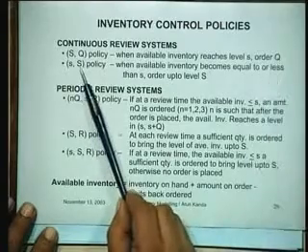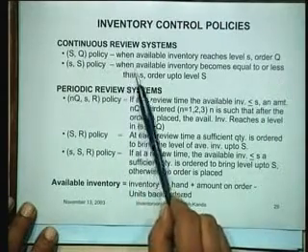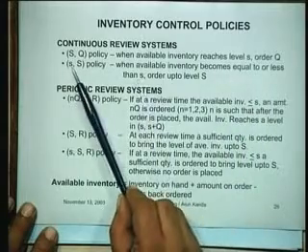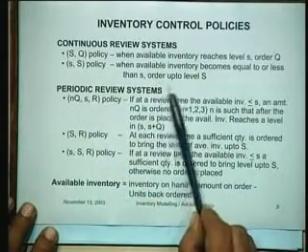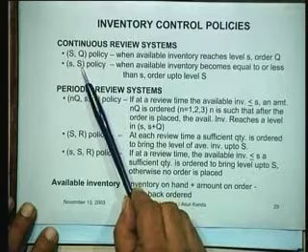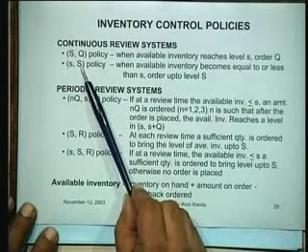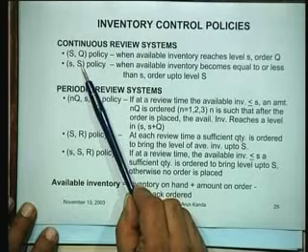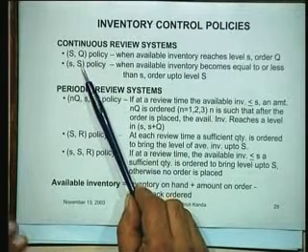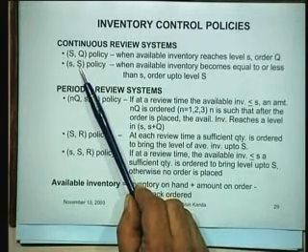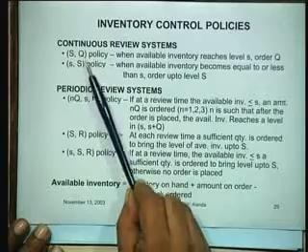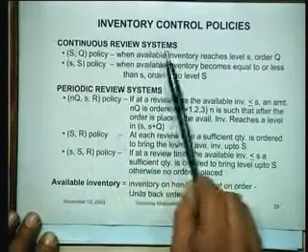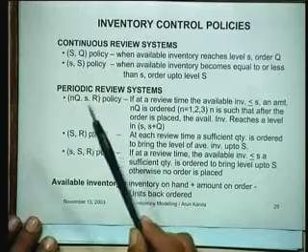In the sS policy, whenever the inventory becomes equal to or less than s, the first value, then you order up to a level S. That means the order quantity in the sS policy will vary. It will not be a fixed order. You will try to bring the stock up to the maximum level S. That's the difference between the sQ and the sS policy, and essentially both of them are continuous review policies.